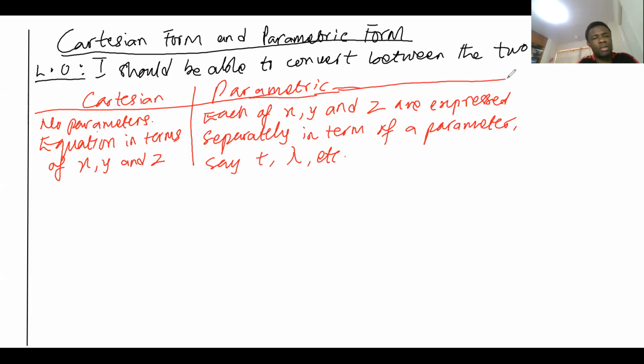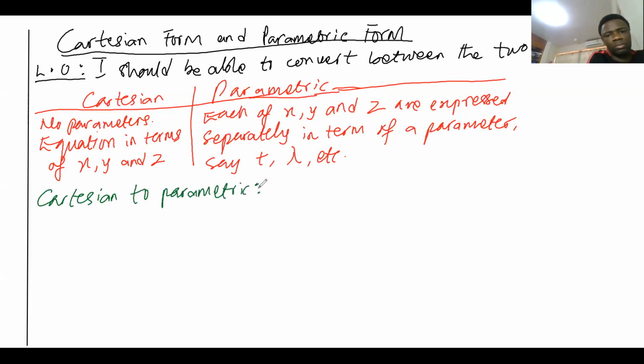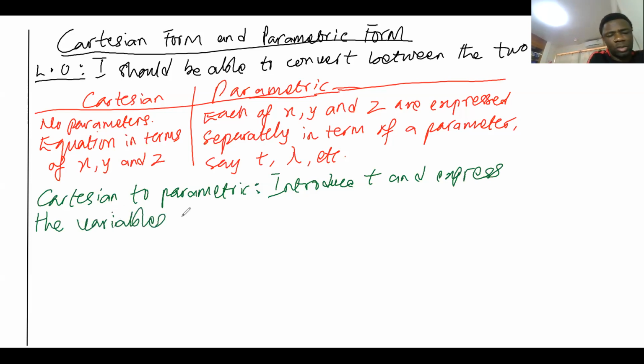You can see this as some kind of difference. If you want to change from one to the other, going from Cartesian to parametric, you introduce your t and express the variables separately.